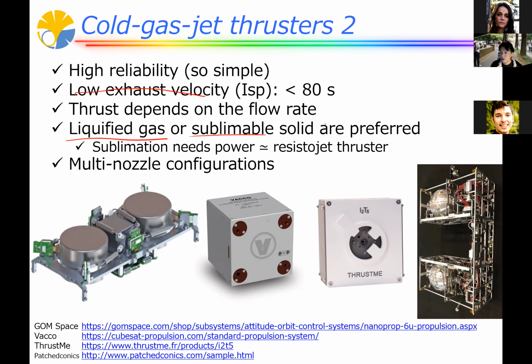And also, a good point of cold gas thrusters is that multi-nozzle configurations are easy. You see here four thrusters, and this propulsion has also multi-nozzles. In this case, just a single, but we can also install multi-nozzle configurations.